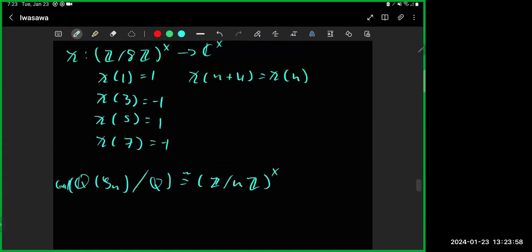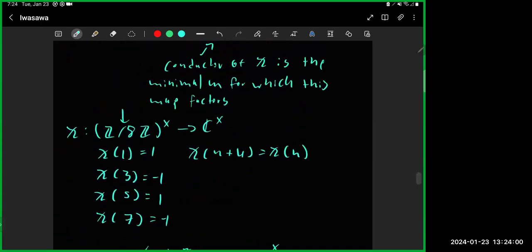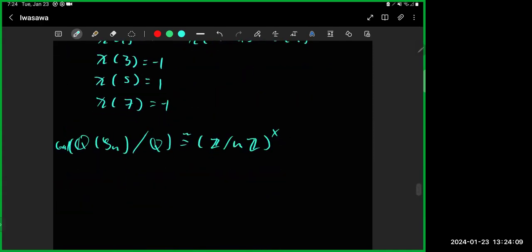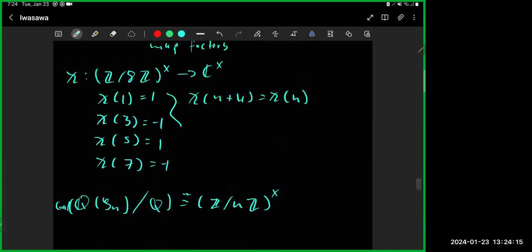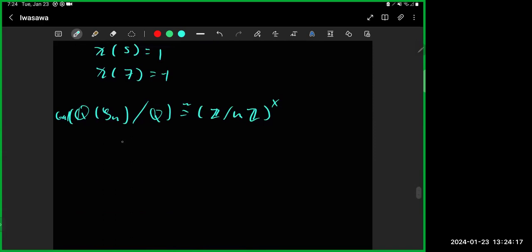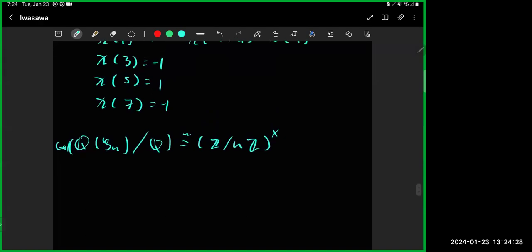So instead of considering chi as a character on the units of the integers modulo n, we can consider it as a character on the Galois group. So we can find the conductor more easily via the following methodology.